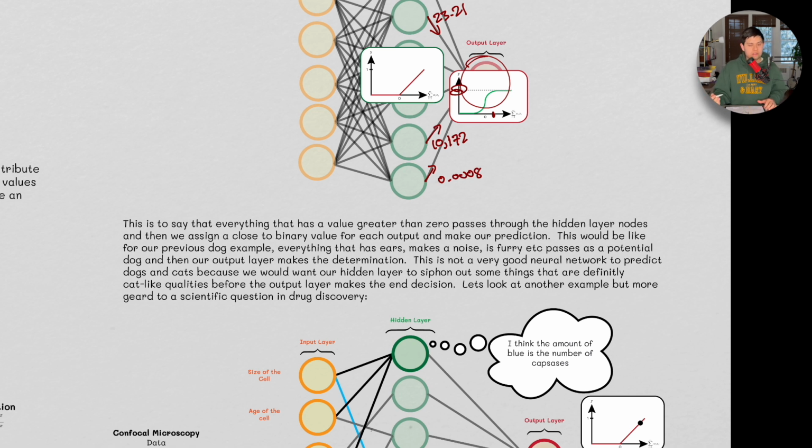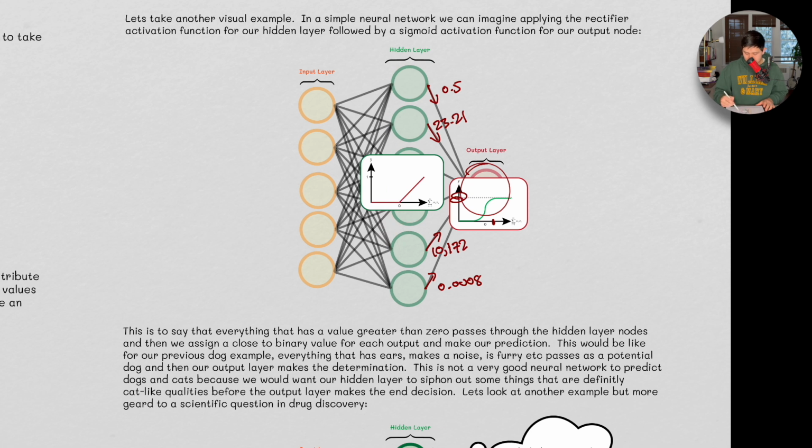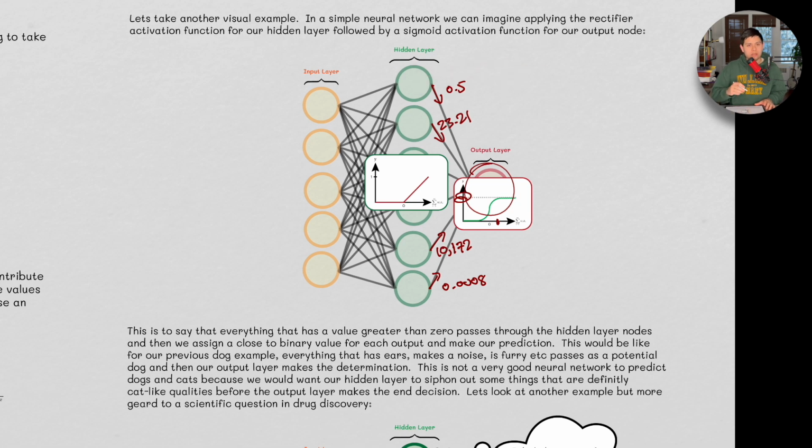This is not a very good network to predict dogs and cats, because we want our hidden layers to siphon out some things that are definitely cat-like qualities before the output layer makes the end decision. We don't want the output layer to be the only thing that's doing this activation function. We would like the hidden layer to do stuff like this too, not just be a rectifier activation function. Which is why we'll have a lot of hidden layers.